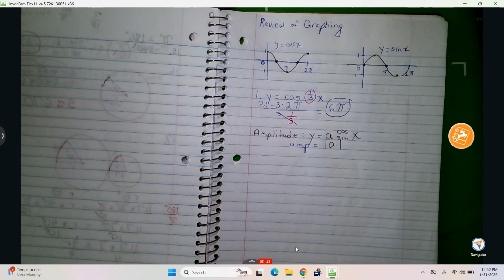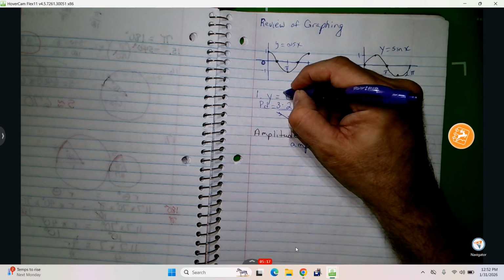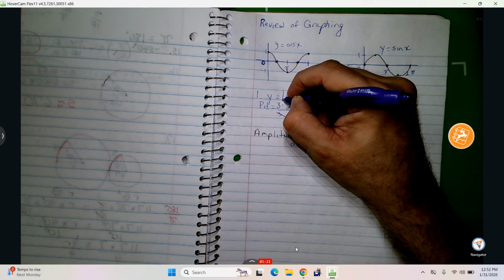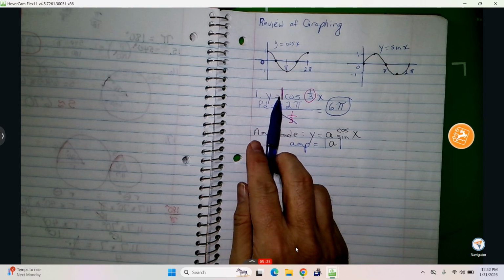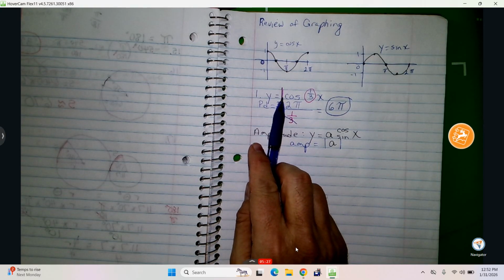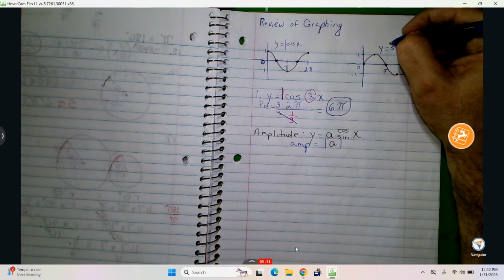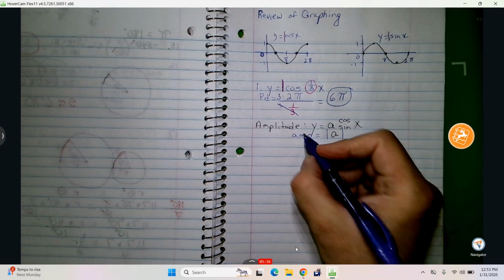Looking at my function y equals cosine 1/3 x, there's not a number in front of cosine that the function is being multiplied by. So we assume that the number here is a 1, just like up here. It's sine x and cosine x. The amplitude is 1.